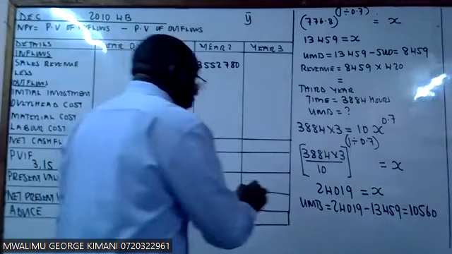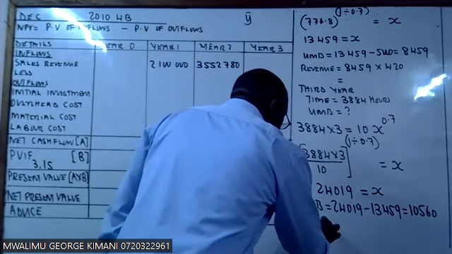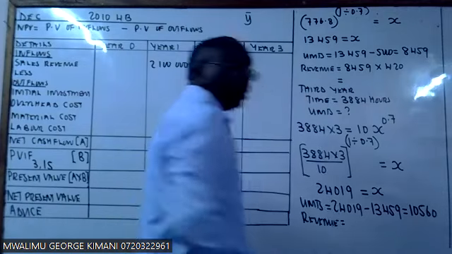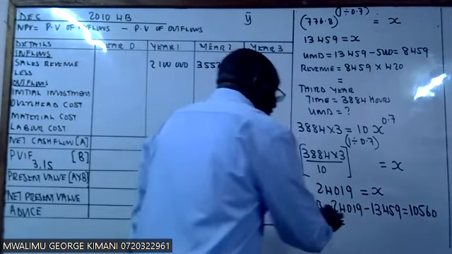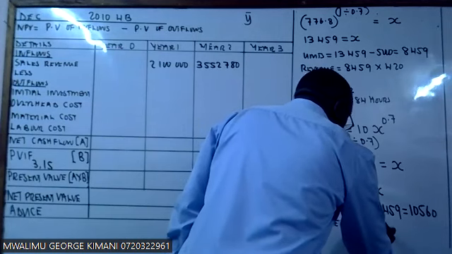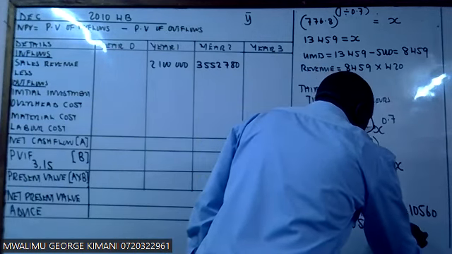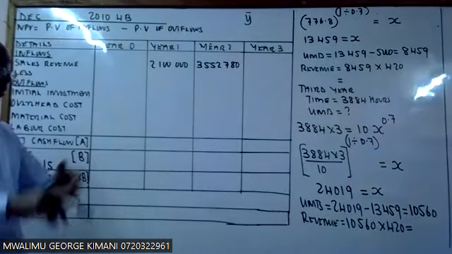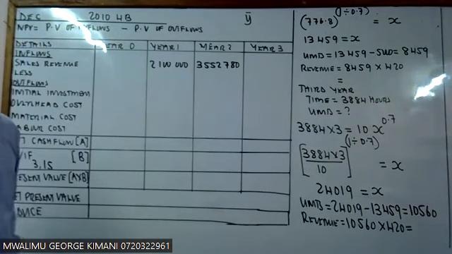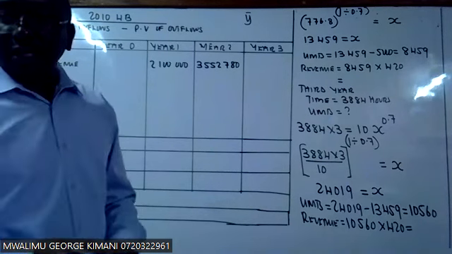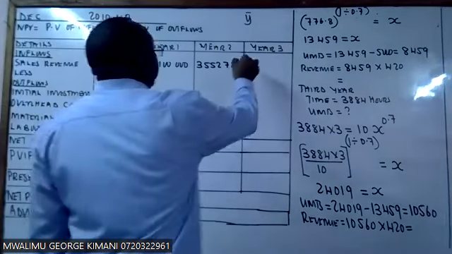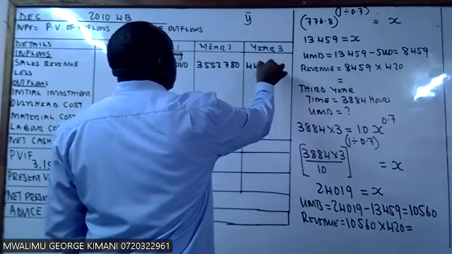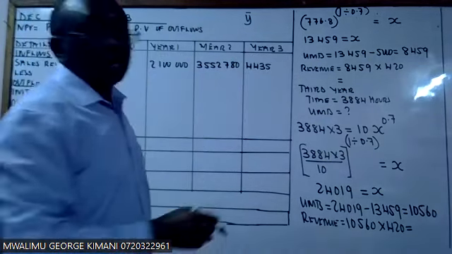So that tells you that your revenue will be 10,560 multiplied by 420, which is 4,435,200.